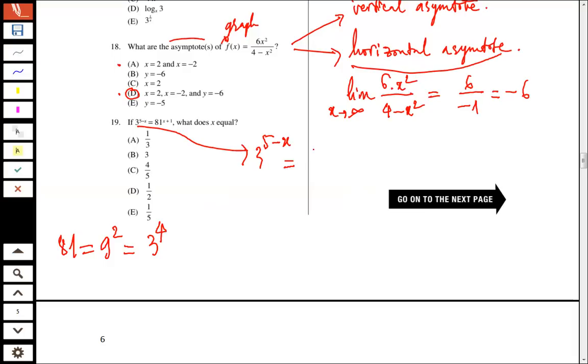So we write here 3 raised to the power 4 times x plus 1. It follows that 5 subtract x equals 4x plus 4. x equals 1/5. Let me check again. Oh, that's correct. Option E.